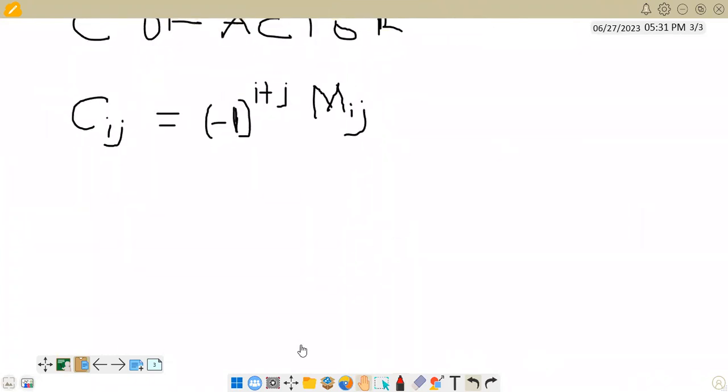So cofactor of row 1 column 1 is equal to -1 to the power 1 plus 1.